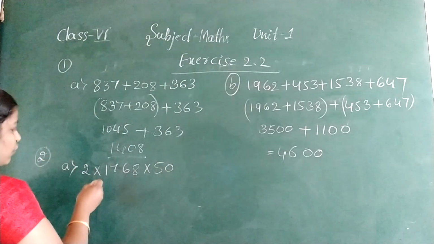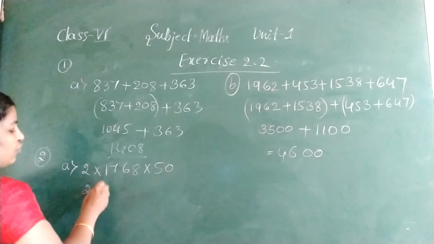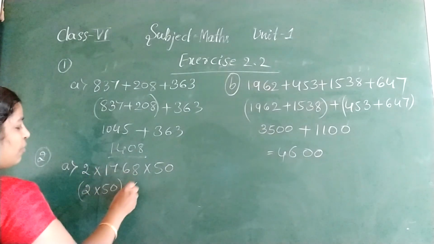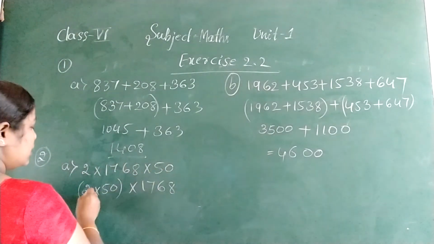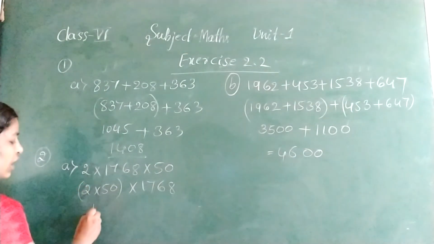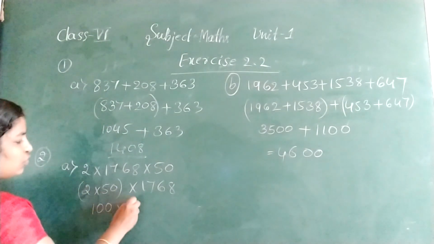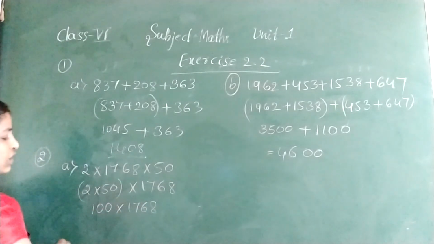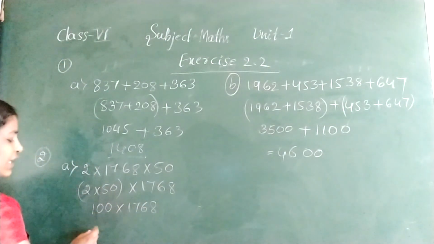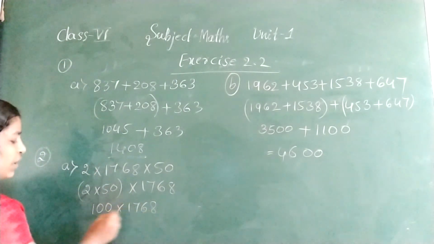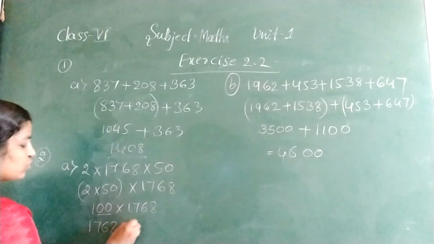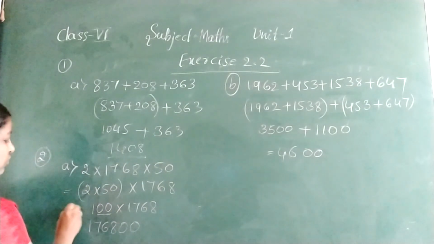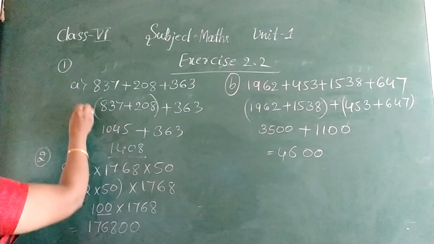We take 2 into 50 first, then multiply with 1768. 2 times 50 is 100, 100 into 1768. This is very easy for us. The number into 1 is the same, and two zeros. This is the answer.